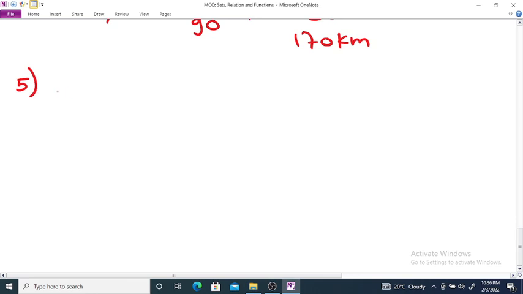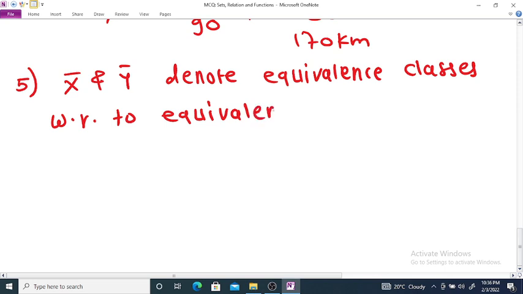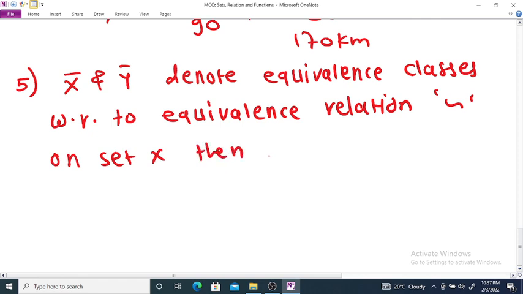If x bar and y bar denote equivalence classes with respect to the equivalence relation tilde on set X, then: number A, x bar intersection y bar is equal to empty set.